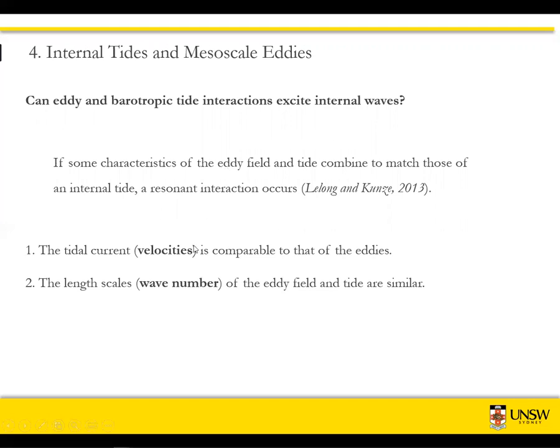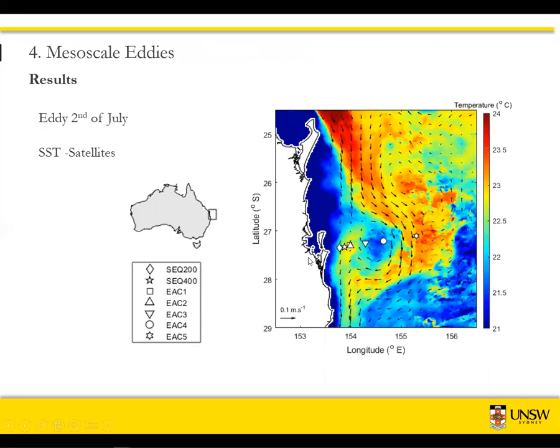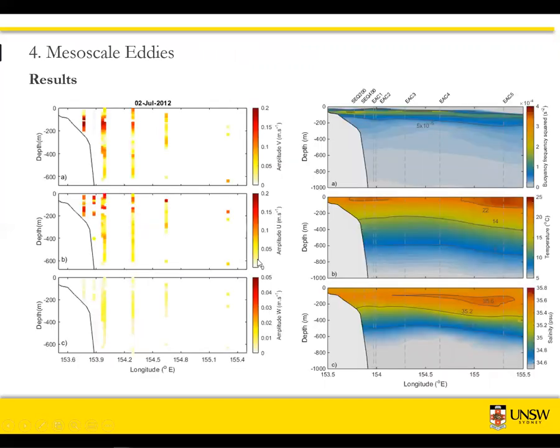So the eddy has to have a similar velocity compared to the barotropic tide, and the same wave number, the same length scales as the internal tide. So we analyzed both characteristics and we chose an eddy that seems to have those characteristics, principally on the velocity.